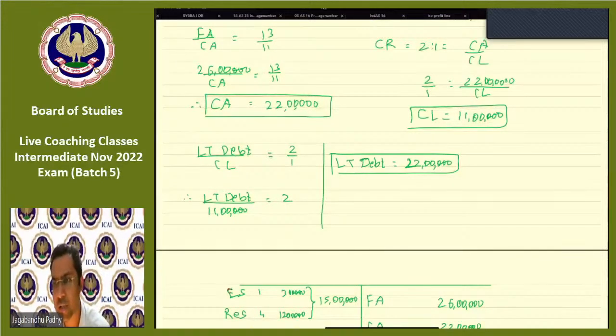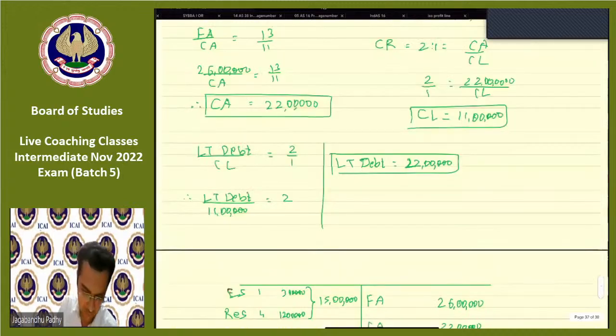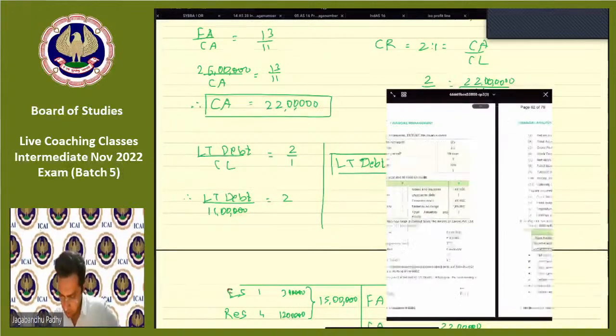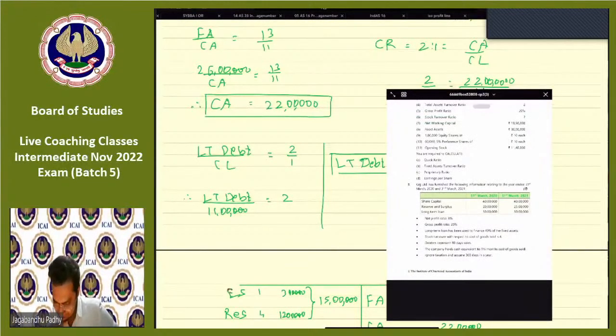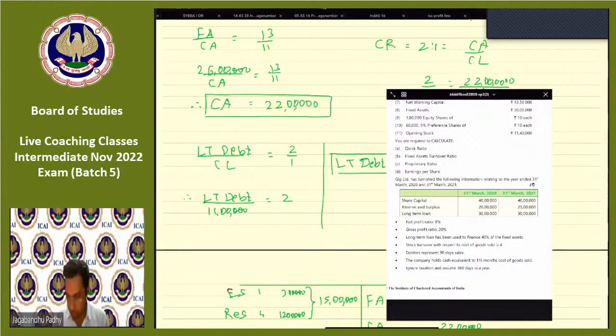One more question was asked. I think, what was that? Question number 3 is what I have done. Test your knowledge. Question 8. So it has furnished the information that in the year ended 31st March 2020 and 31st March 2021, net profit ratio is 8%, GP is 20%.